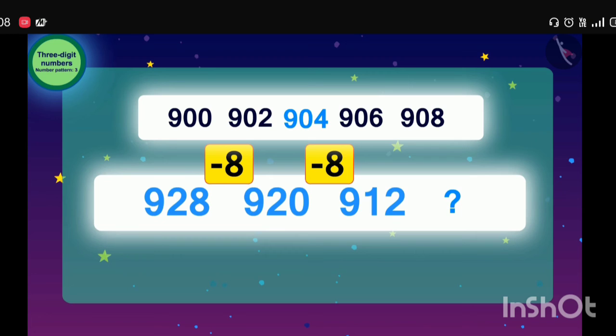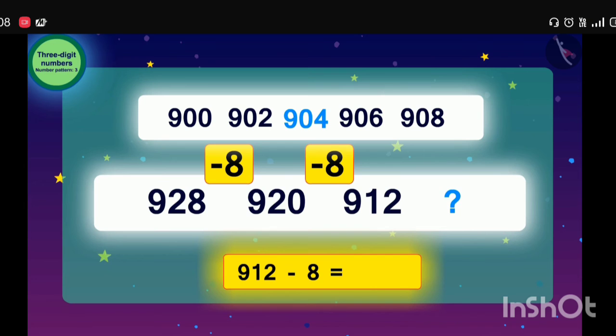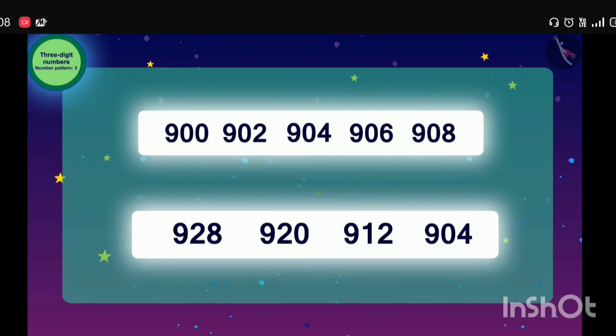Similarly, to find the next number of this number pattern, we have to subtract the number 8 from every number. Now the number pattern is ready. And the answer to our code is got by subtracting 8 from 912, that is 904. Our second pattern is also complete.